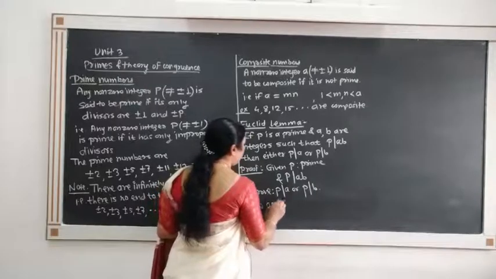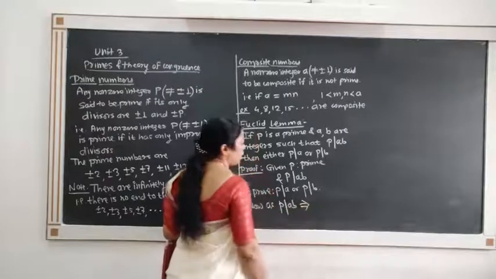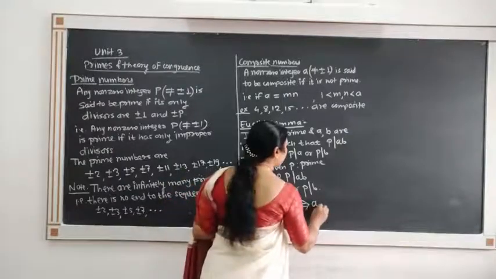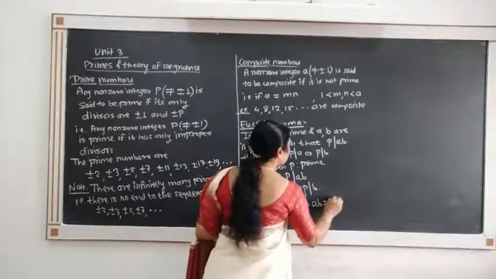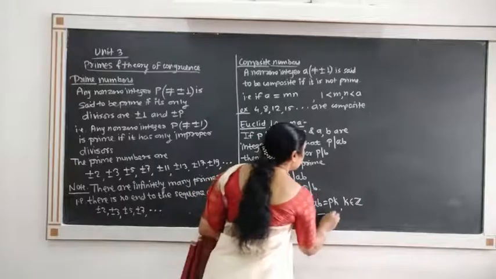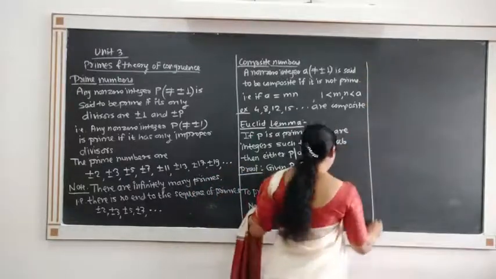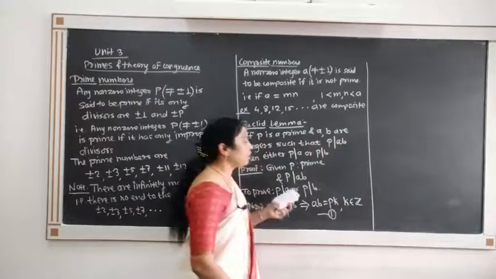As p divides ab, by definition of divisibility, there exists an integer k such that ab is equal to p into k for some k belonging to Z. So this is known to us. Now if p divides a, nothing to prove.